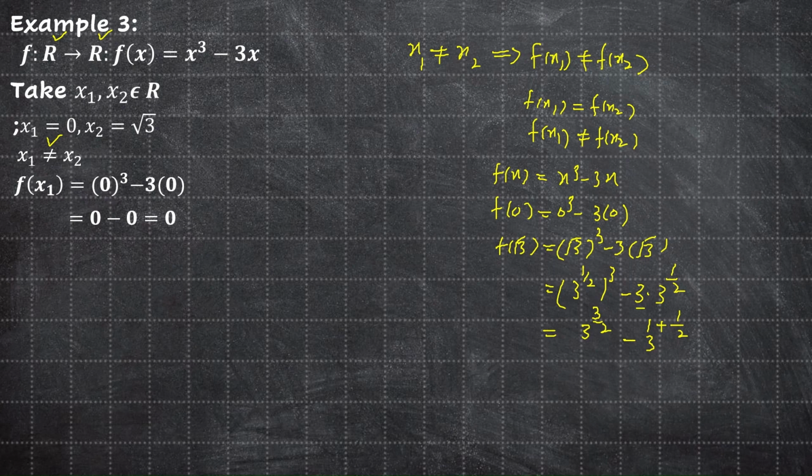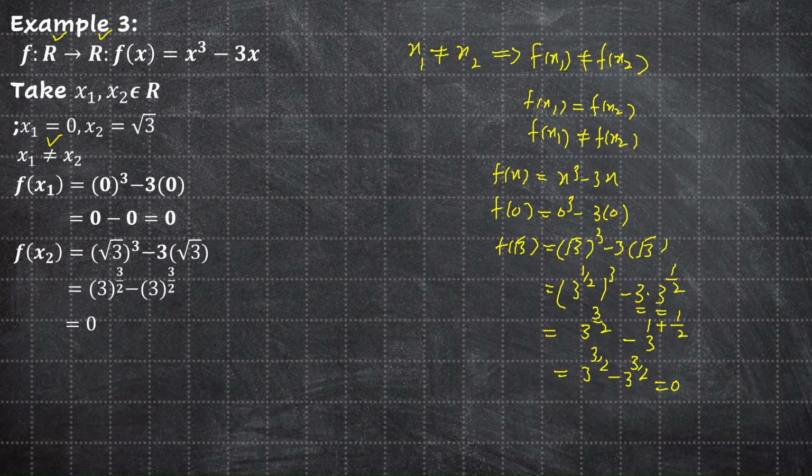As bases are equal, powers will be added. 3 raised to power 3 by 2 minus 3 raised to power 3 by 2. So we get f of x2 is equal to 0. Now note that the elements were not equal, but the images f of x1 and f of x2 are equal.